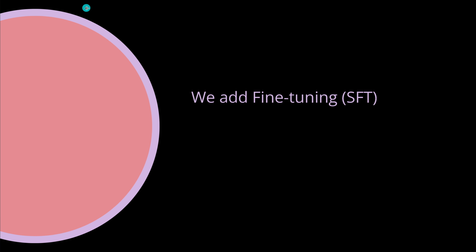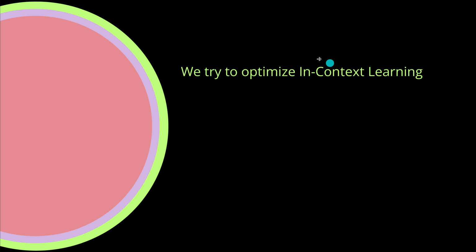Because if we then add fine-tuning, this very tiny little sphere of fine-tuning data, what we really modify is just a minor, tiny little sphere. And this is more or less true also for in-context learning.